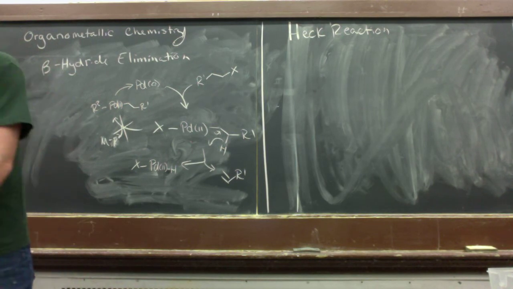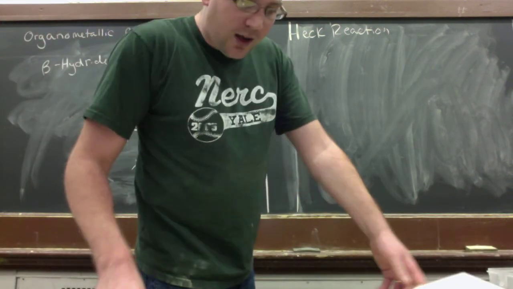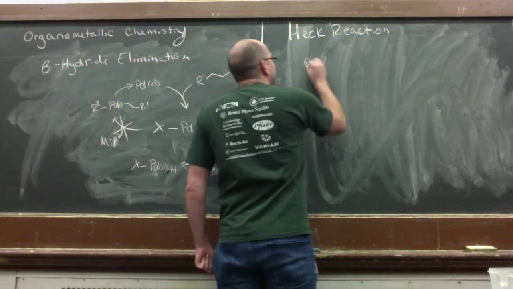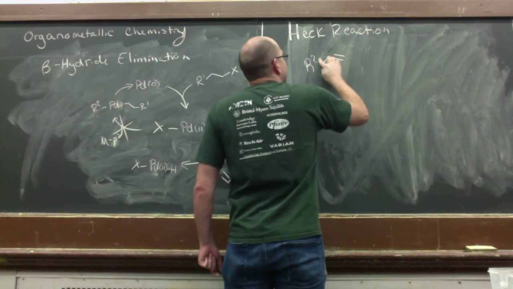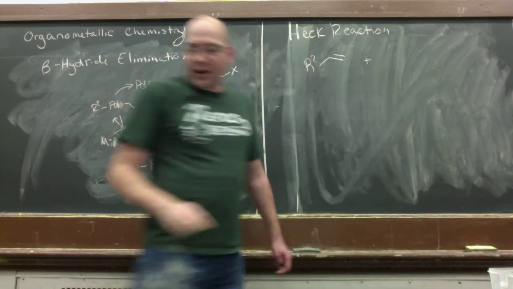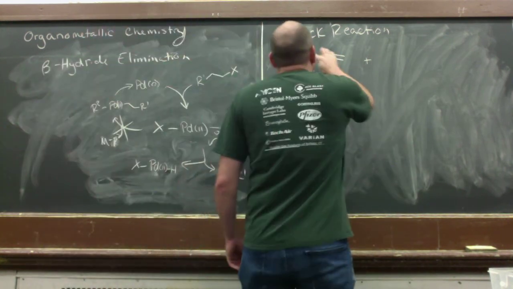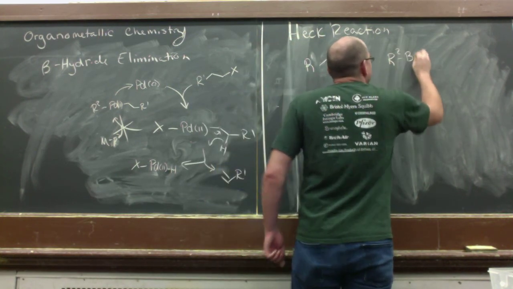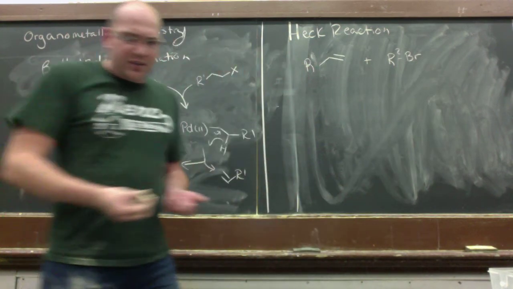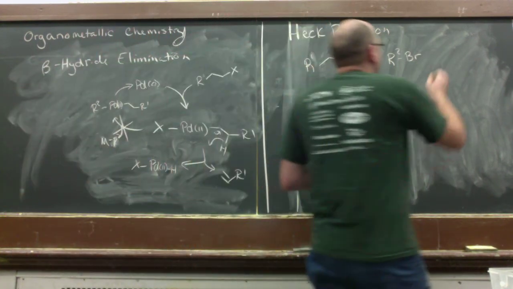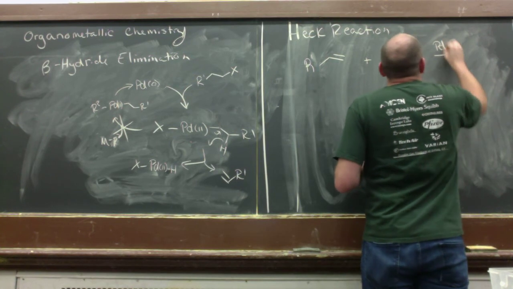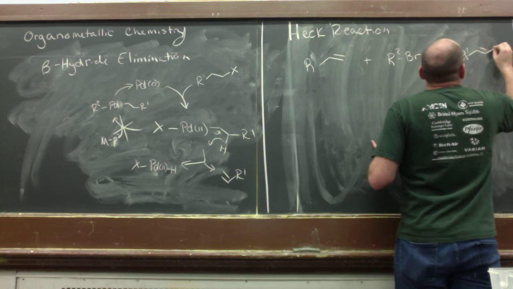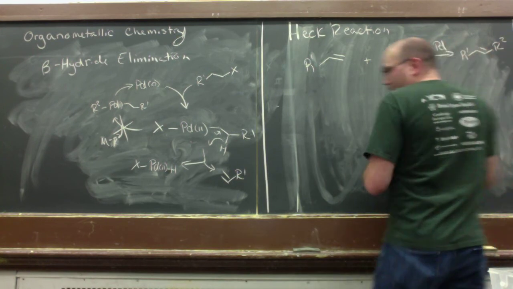And what happens in a Heck reaction is that if you have, instead of an alkyl metal, an alkene, and you have an alkyl halide of some type, so we'll make this R1, and we'll make this R2, and you mix these together in the presence of a palladium catalyst, what's going to happen is you will actually make this new bond here.